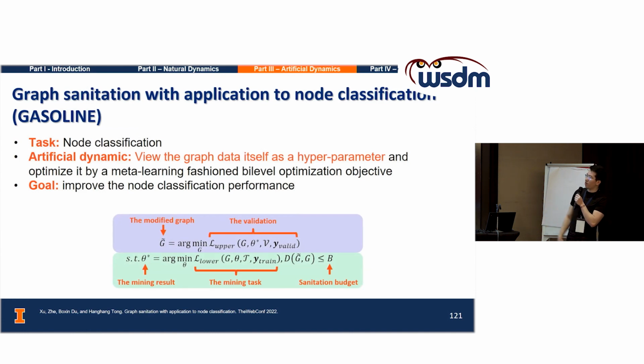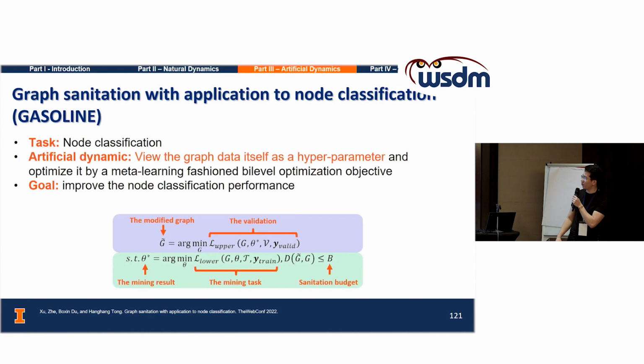The upper level problem is fundamentally similar to the lower level problem, but we change the graph to evaluate this trained graph classifier. And our goal is to get the best validation performance by changing the given graph itself.